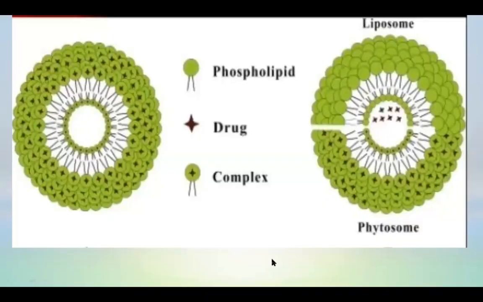Phytosome is a newly introduced patented technology developed to incorporate standardized plant extract or water-soluble phytoconstituents into phospholipid to produce a lipid-compatible molecular complex, which improves the absorption and bioavailability.